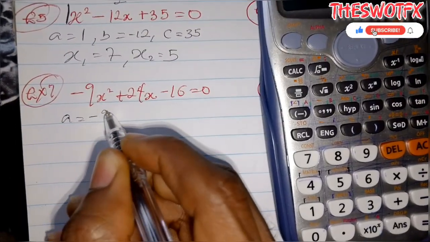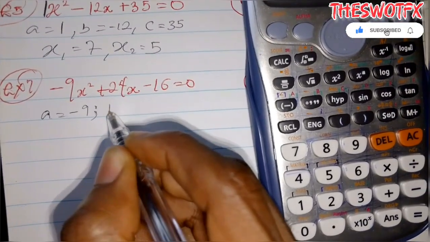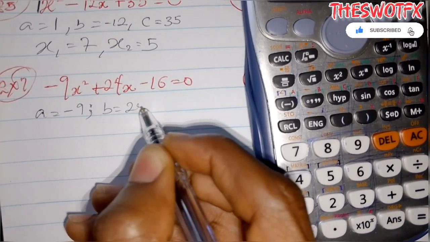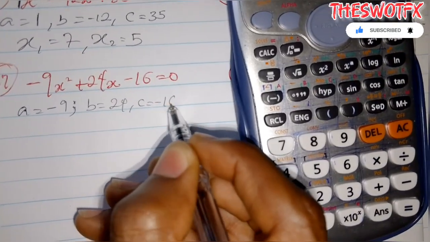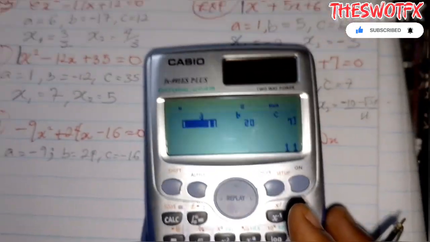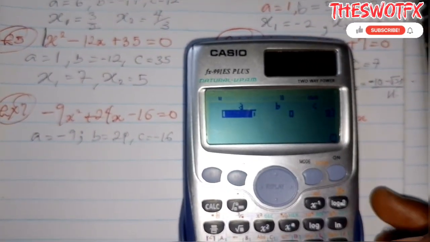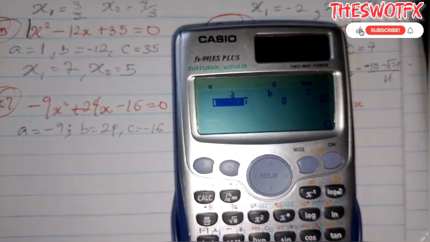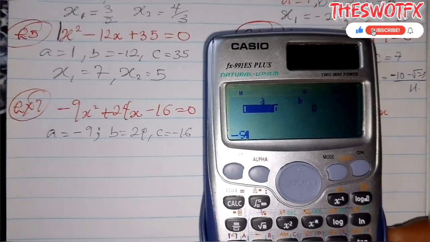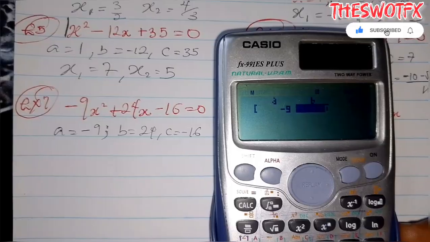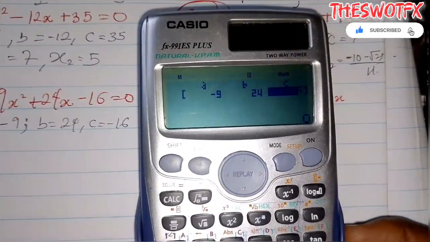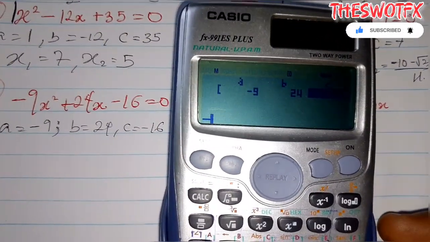A is minus 9, B is 24, C is minus 16. Okay, so let's do that here again. A is minus 9, B is 24, then C is minus 16.